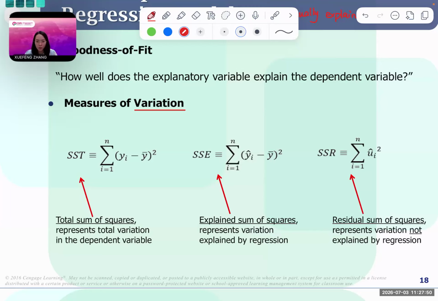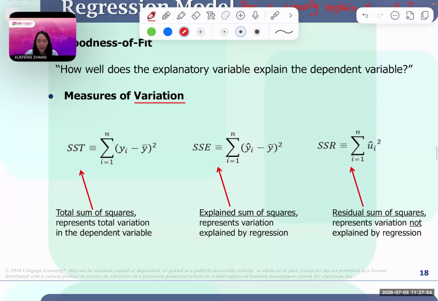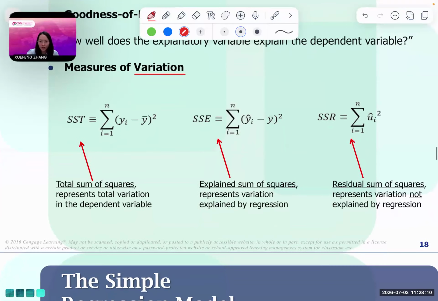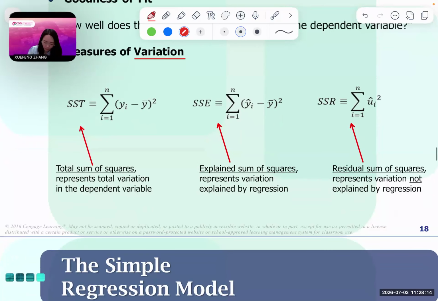That's mu. Let's take a look at the three measures. Let's learn the acronyms first. The first one, SST, means total sum of squares, okay? It represents total variation in the dependent variable, or how much does Y vary in total?